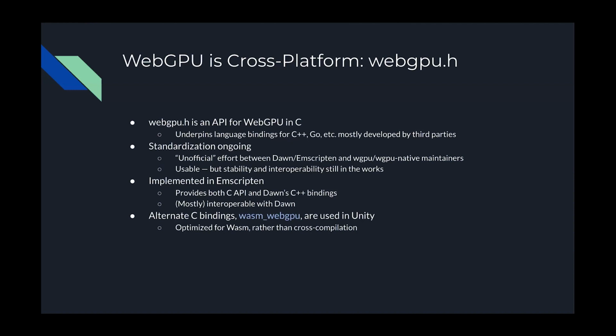There are also some alternate C bindings called WASM WebGPU. Unity uses these. They are optimized for WebAssembly specifically rather than cross-compilation because Unity is not as interested in using WebAssembly outside of the web because, of course, they have native targets for all of the other graphics APIs. Next slide.